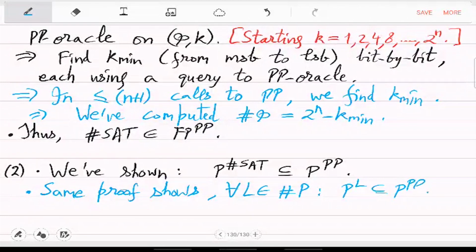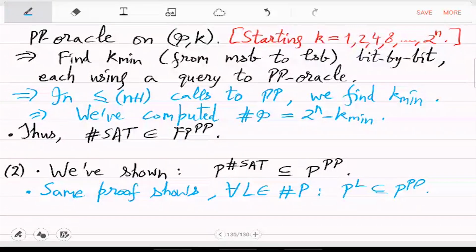Well, this is because we didn't really use #SAT's specific properties. Right? You can do the same thing with any problem in #P. So for any #P problem L, P raised to L is in P raised to PP.